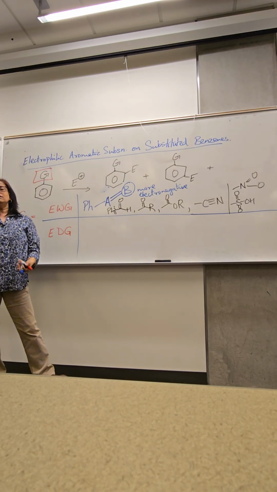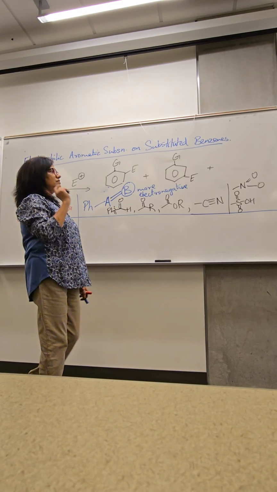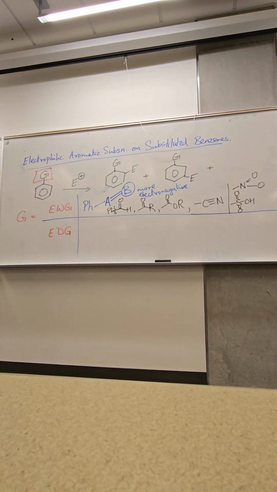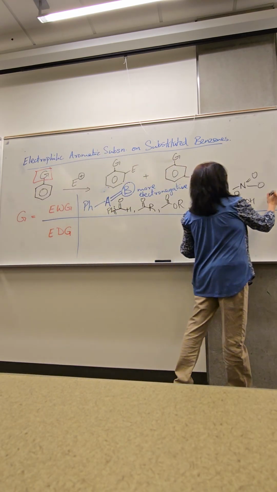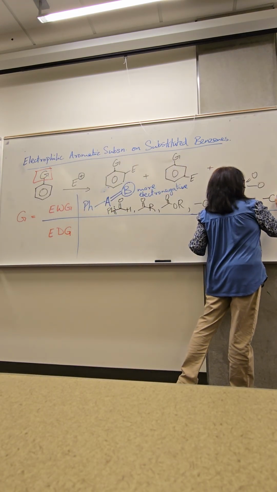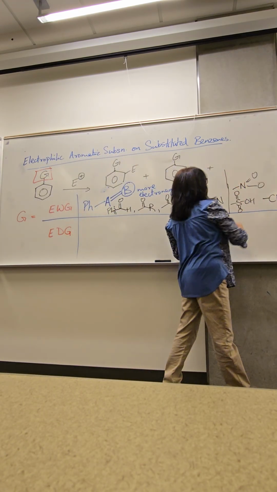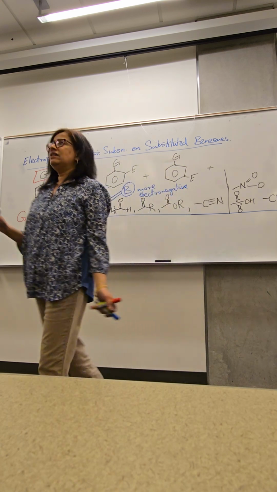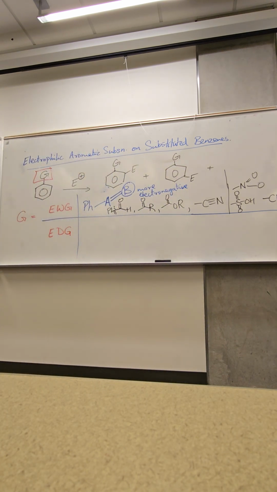There is one electron withdrawing group that does not have resonance but is a strong electron withdrawing group, and that is CF3. That's just because fluorine is insanely electronegative. That's why in most of our discussions we don't talk about fluorine, because its electronegativity is way high.